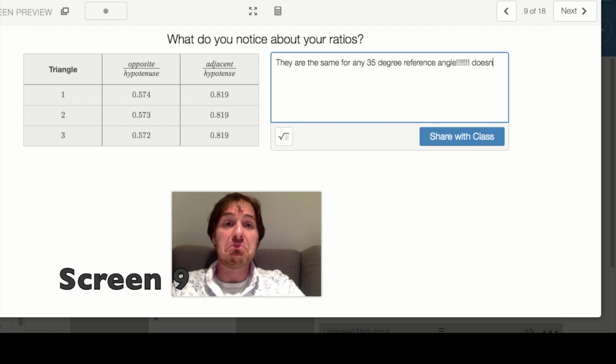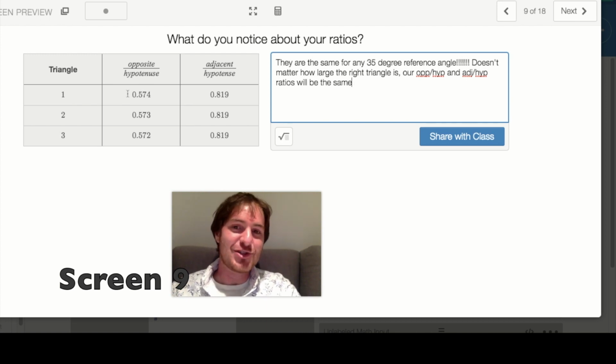It doesn't matter how large the right triangle is. Our opposite over hypotenuse and adjacent over hypotenuse ratios will be the same.